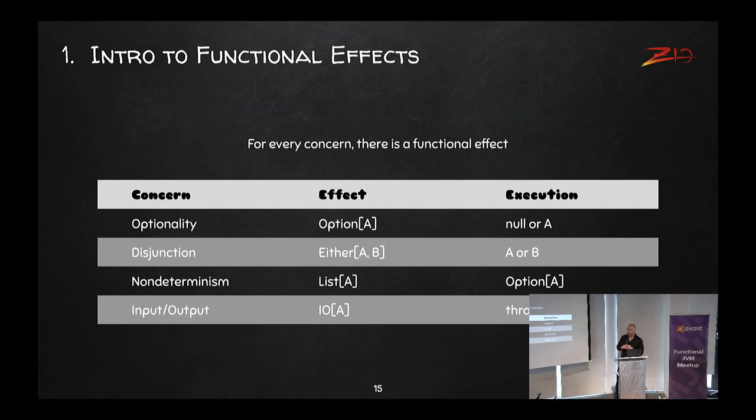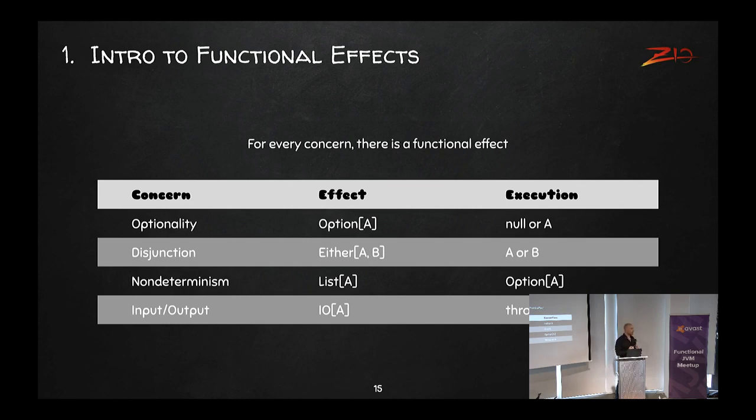And then also another example of a functional effect not baked into Scala, but also extremely important, is the effect of input-output. So when our programs interact with the external world, that functional effect is described by I/O-like data types. So Cats IO, Monix Task, ZIO's ZIO data type, and so forth. Scalaz's Task type.